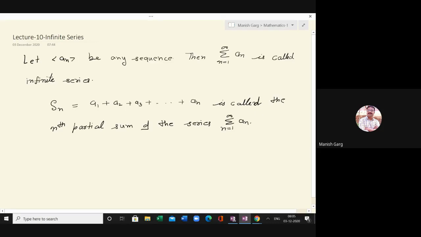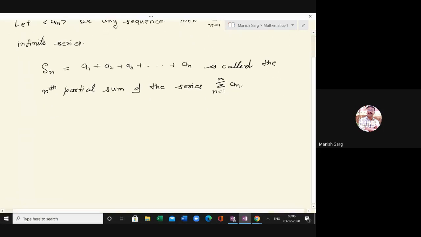Okay. Now, in this topic of infinite series, again our main aim is to check whether a given series is convergent, divergent, or oscillatory. The main purpose is the same as in sequence. So I am going to tell you the first simple way to check the convergence or divergence of a series by using this nth partial sum.